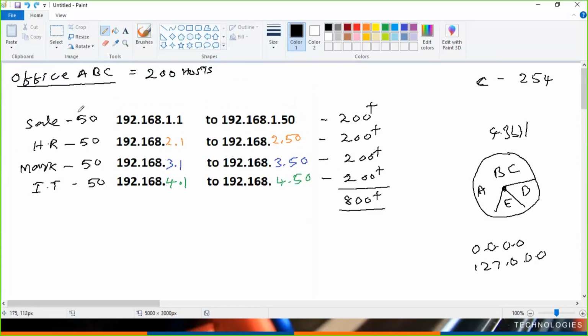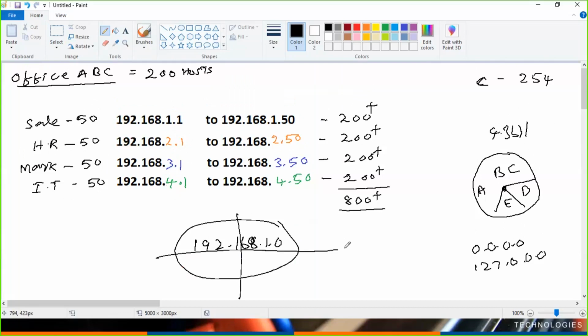Instead of taking 1.x network, 2.x network, 3.x network, 4.x network, 4 different networks, you can take only one network, 192.168.1.0 or 2.0, any one network, and divide it into 4 parts.